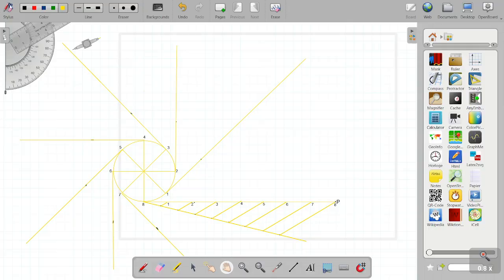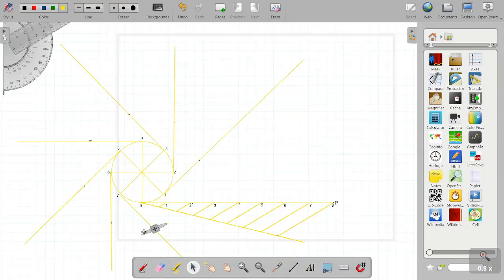Now comes the last part wherein we have to draw the involute. So for that you need to take a compass, keep it on point 1. Again I repeat, keep it on point 1, measure the distance till point 8. In the involute of polygons, what we need to do is make an arc here from this point to this point.